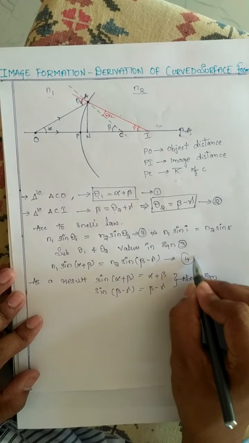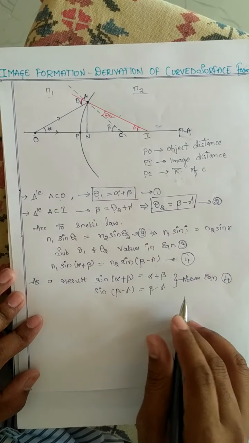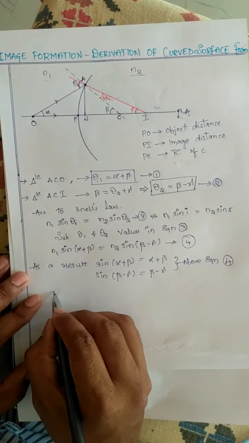So placing these two values in the above equation number 4, what happens? N1 into alpha plus beta is equal to N2 into beta minus gamma. This is the equation we got from the above expressions, right? Take this as equation number 5.